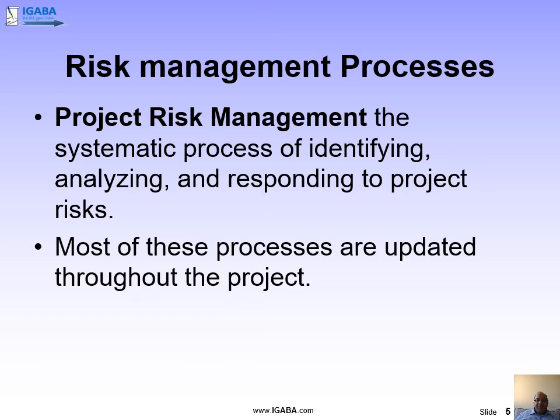So the 7 risk management processes in this chapter will help you identify your risks, build your risk register, help you analyze those risks, assess them qualitatively and quantitatively, plan the responses for them, and of course implement those responses.